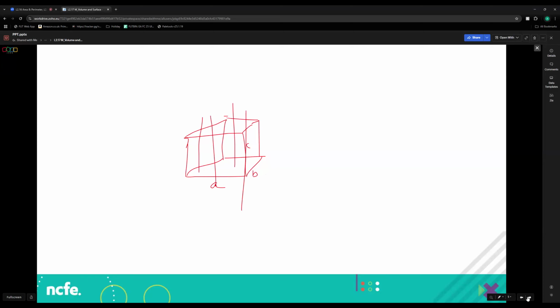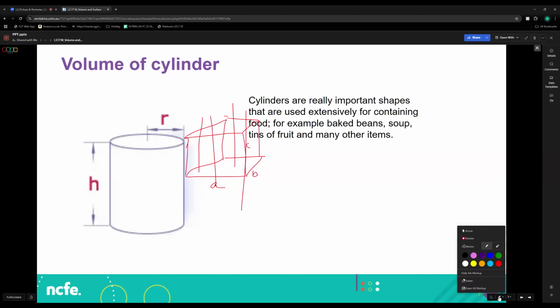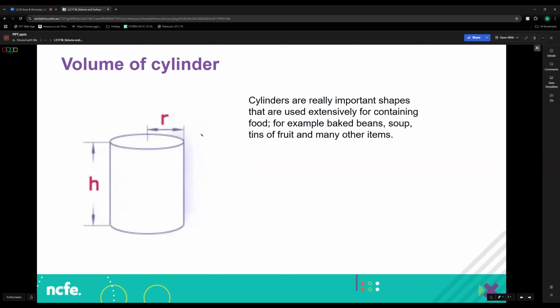But let's look now at a cylinder. Cylinders are a bit more interesting. Now, what I just said, you find the area and then you times it by the height or the distance, right? So look, this is at the top. It's literally just a circle.